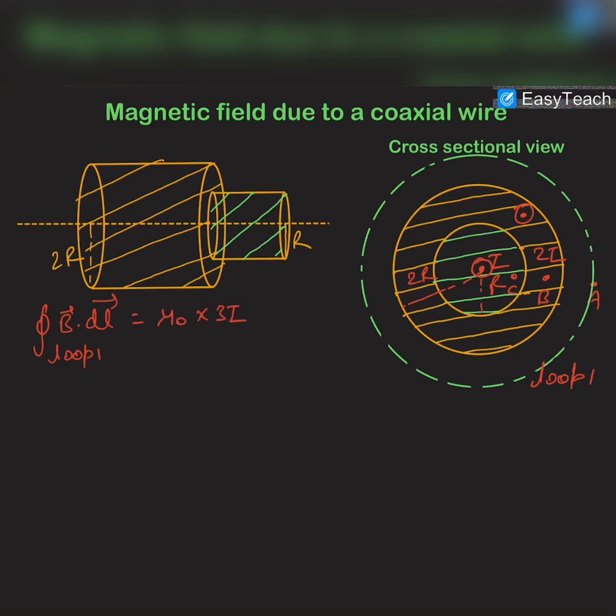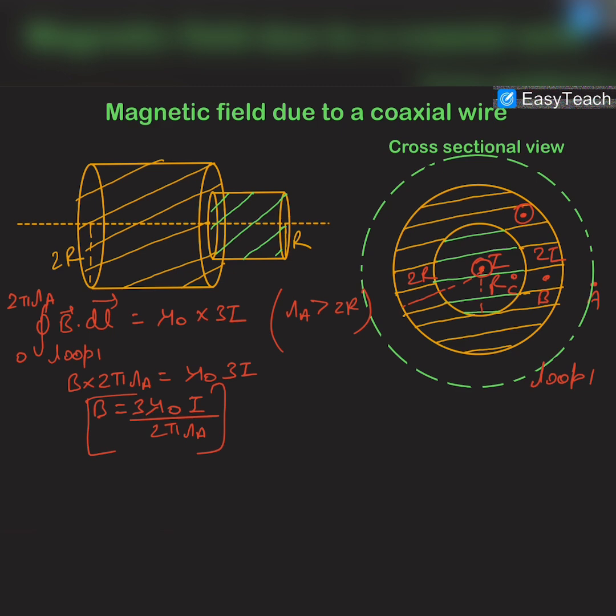The limit of integration is 0 to 2 pi r, where r is RA, and RA is greater than 2R. So B into 2 pi RA is equal to mu naught into 3I, and B is equal to 3 mu naught I divided by 2 pi RA. This is the magnetic field at point A.